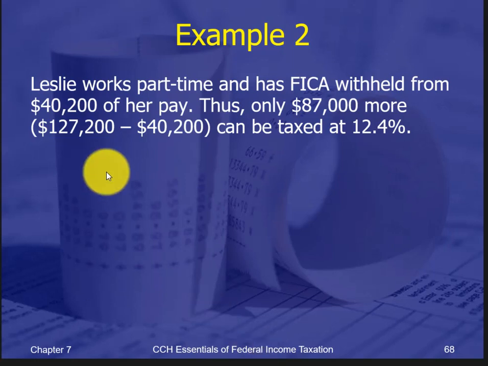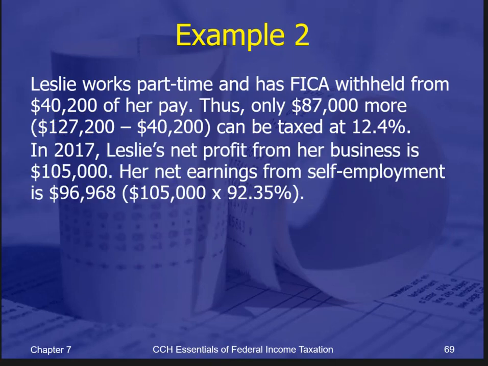So because she's already paid Social Security on the 40,200, she only has to be taxed on another 87,000 up to the limit at the 12.4%. So when she sets up her business, makes earnings, they're 105 multiplied by 0.9235, just as usual, and you get 96,968. That's more than what she should have to pay the higher tax on.